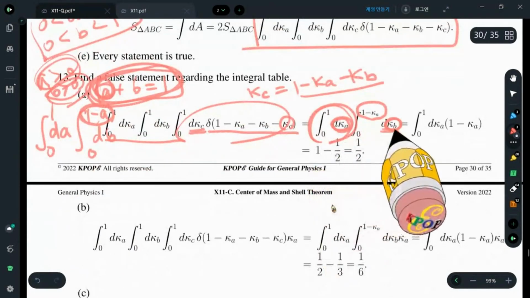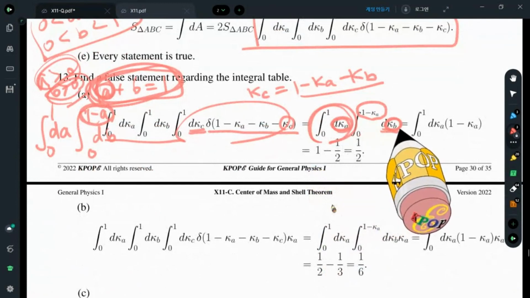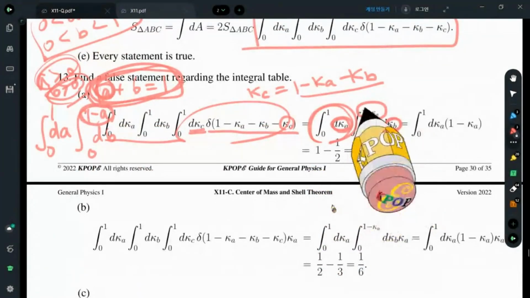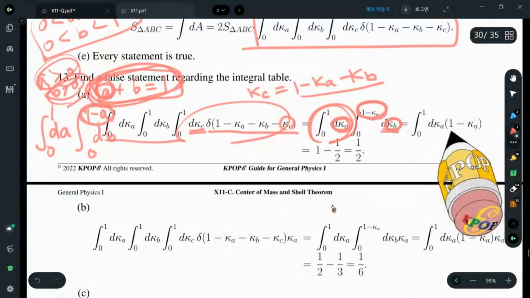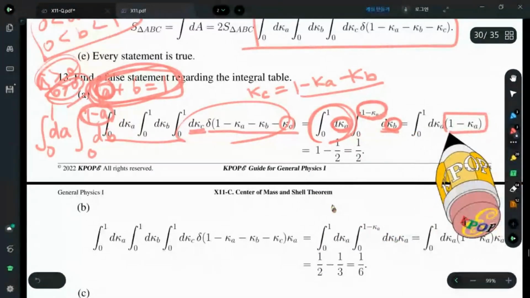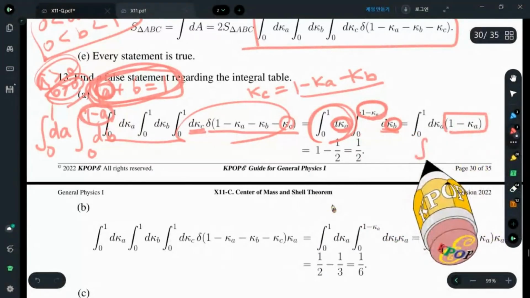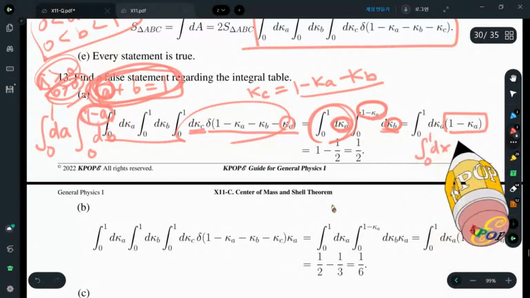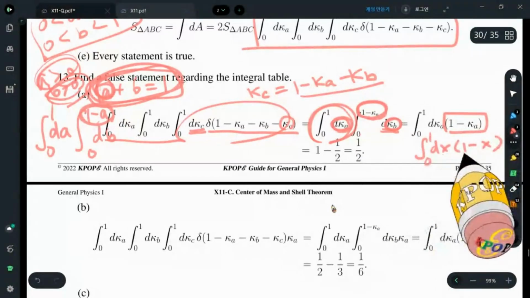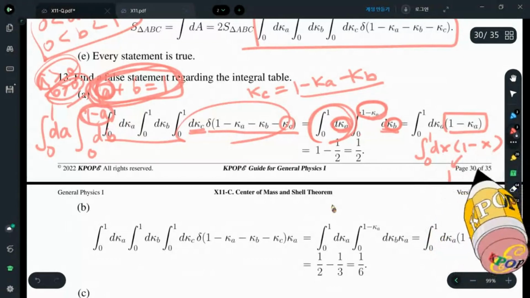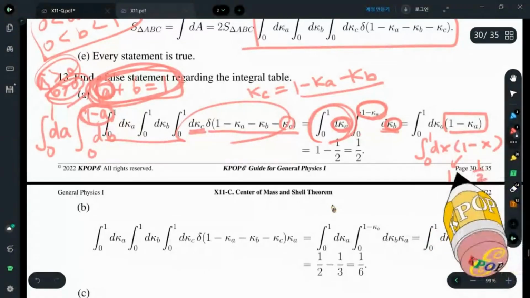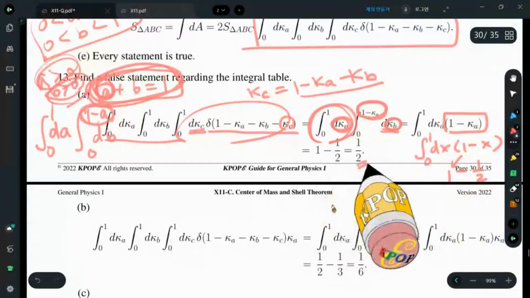Now we carry out this two-dimensional integral. This integral is trivial. The upper limit is this, and it is something like the integral from 0 to 1 of dx, 1 minus x. This integral is 1, and this integral is 1/2. So 1 minus 1/2 is 1/2.